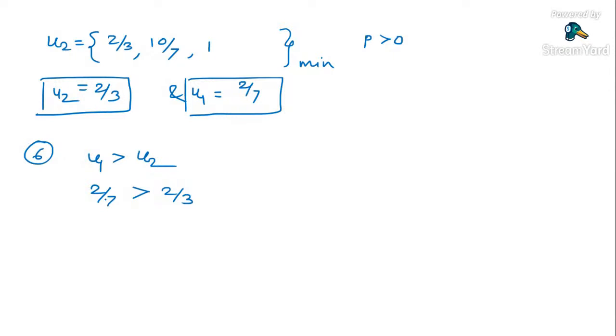Check whether it is greater than or less than. U1 is greater? No, it is not the case. Means U1 is not greater than U2. Correct? Hence, the line is a clipping candidate.